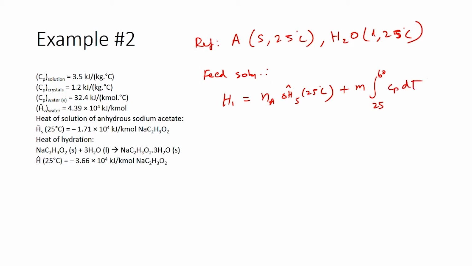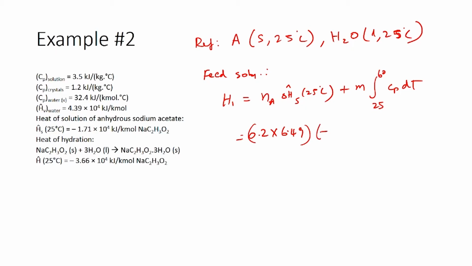So, this becomes 0.2 times 6.49, which is the number of moles of sodium acetate in the solution, times the heat of solution, which is given as minus 1.71 times 10 to the power 4 kilojoules per kilomole of sodium acetate. That is why we are using the number of moles of sodium acetate here.